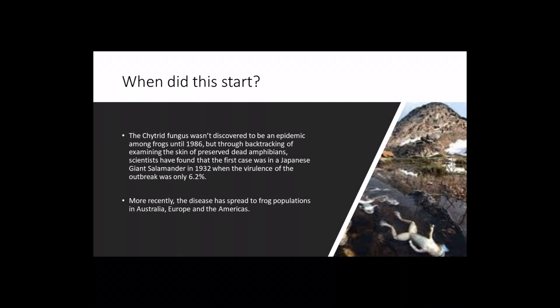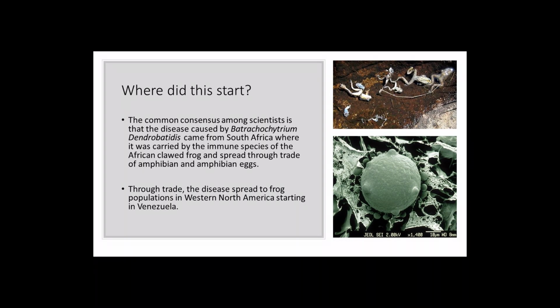Scientists aren't really sure when the chytrid fungus started infecting the frogs, but we do know that sometime in the past, like the 1980s-ish, African clawed frogs from South Africa were being exported across seas for some reason. I don't know, some people thought the African frogs were good for pregnancy tests or something.